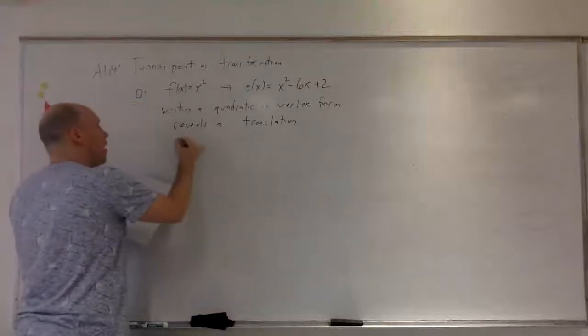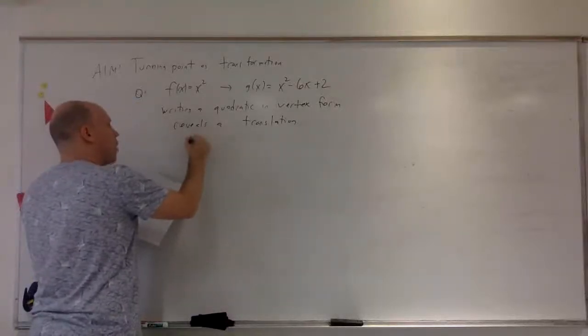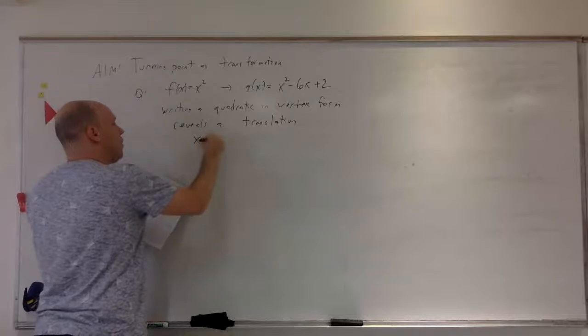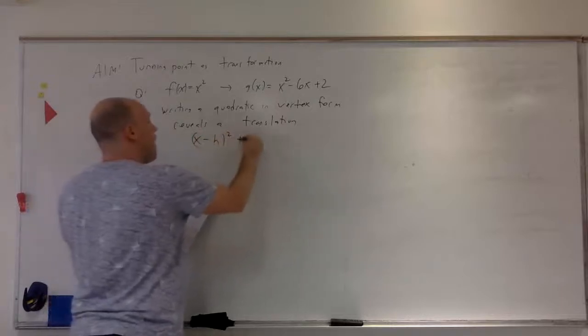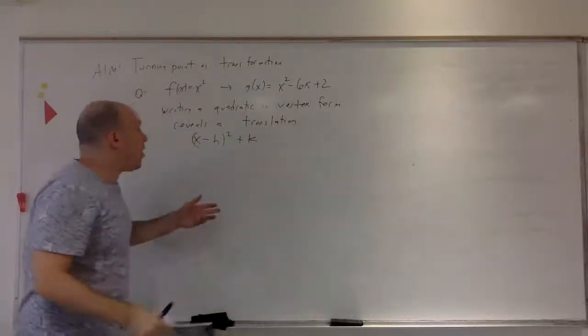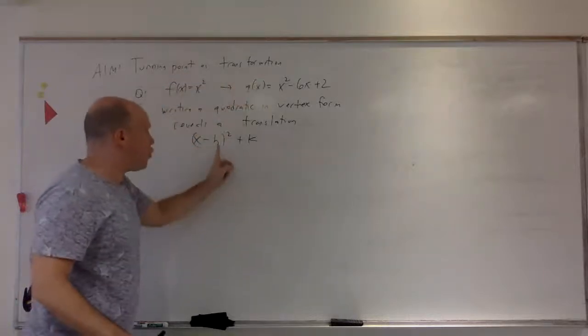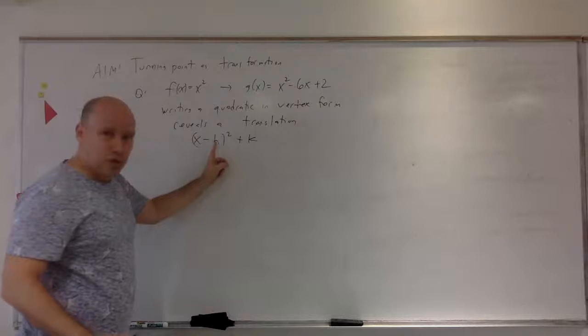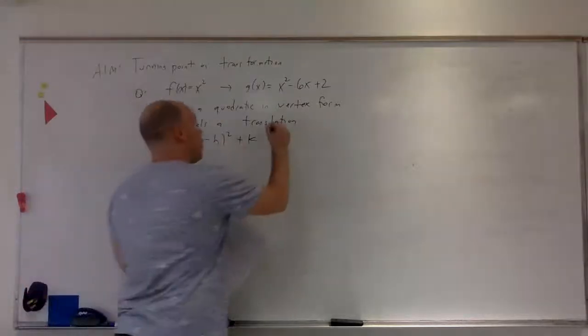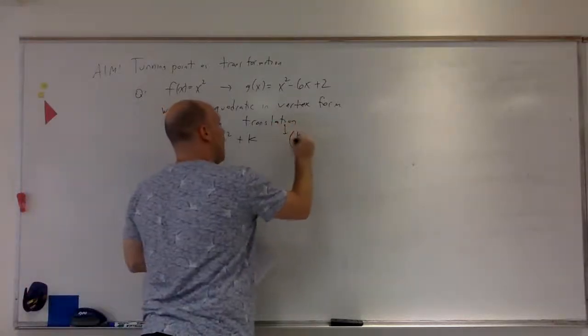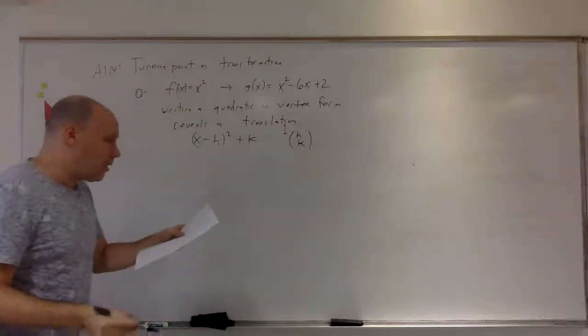And so we know that vertex form was like x minus h squared plus k. And so it turns out that when we go from x squared to any quadratic, we're actually shifting x to the right by h and up by k, a translation of (h, k). It's kind of cool. So let's take a look at that.